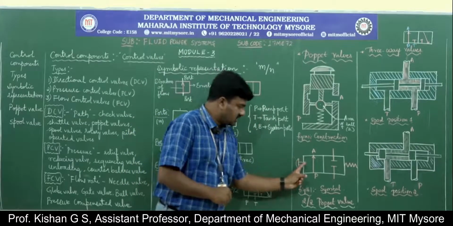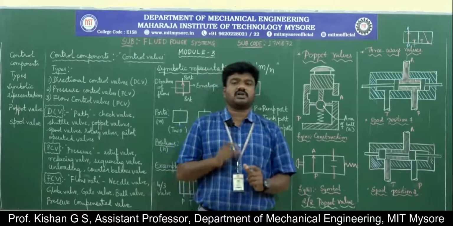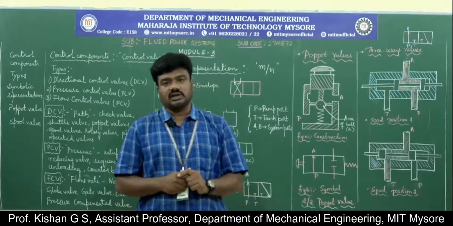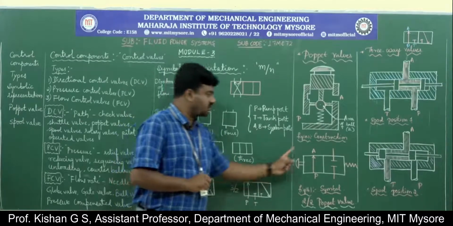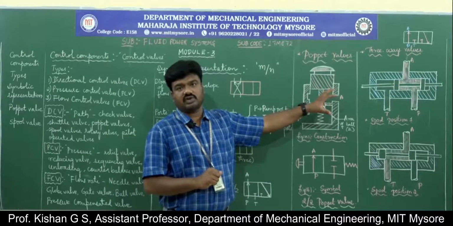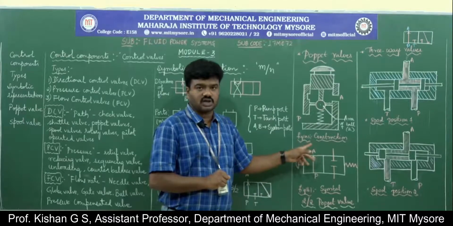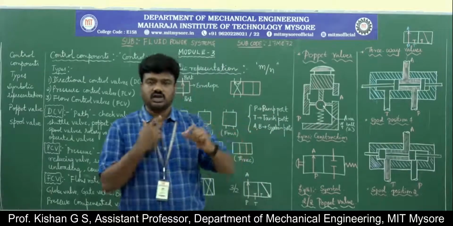See here, this additional representation of spring and a plunger type represents the type of construction in which the direction control valve is being considered. These are not mentioned here because these are specific to what type of control valve we are studying, but this is the constant understanding. Two ports, P and A, two positions: when you press the plunger, there will be flow.